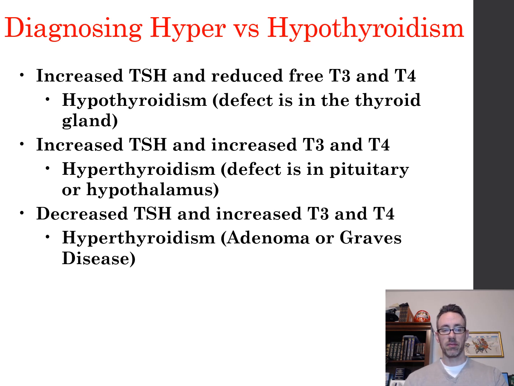In this last example, there's a decreased TSH and an increased T3 and T4. The increased T3 and T4 is probably giving us hyperthyroidism, and the decrease in the TSH is normal, since the elevated T3 and T4 should suppress TSH. However, with the suppressed TSH, the T3 and T4 levels should drop.